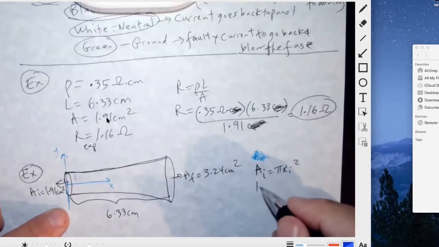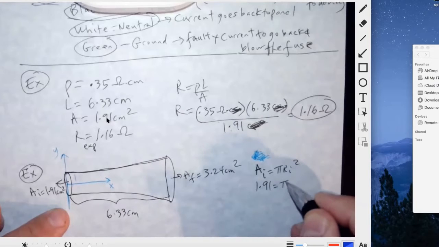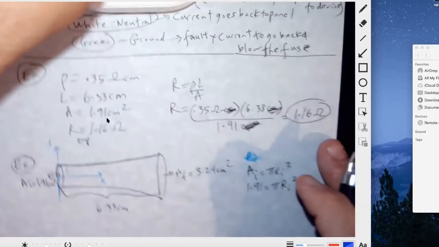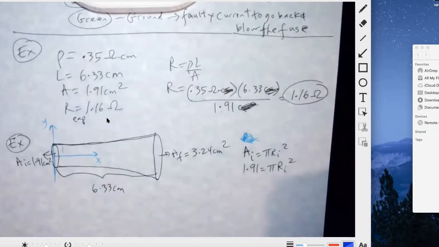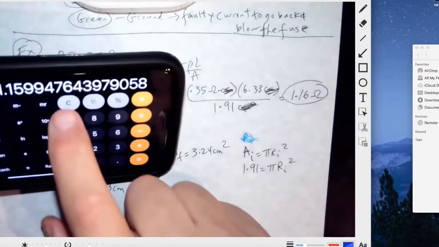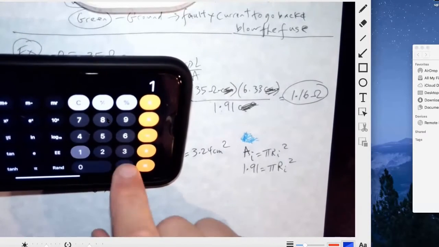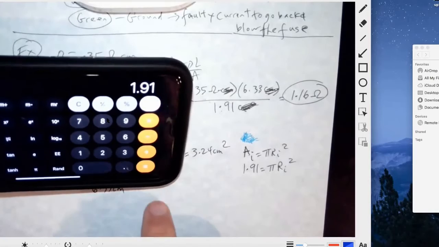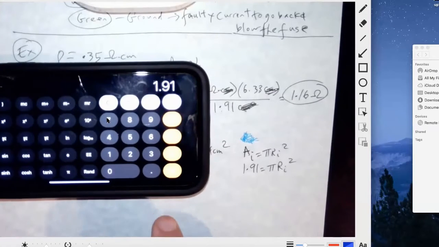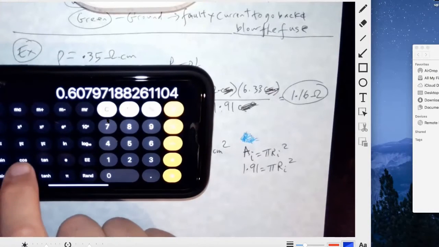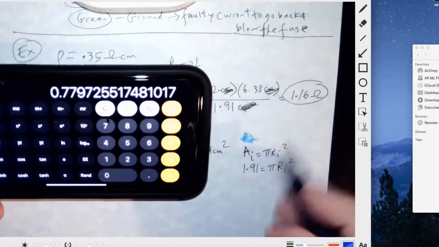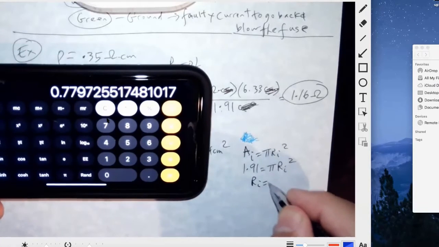So this is 1.91, so I can calculate what the initial radius is.